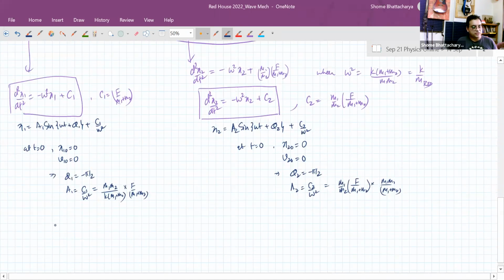So our x1 as a function of time will become like a1 into (1 minus cos omega t), and x2 as a function of time will become like a2 into (1 minus cos omega t). So x as a function of time is x1 plus x2.